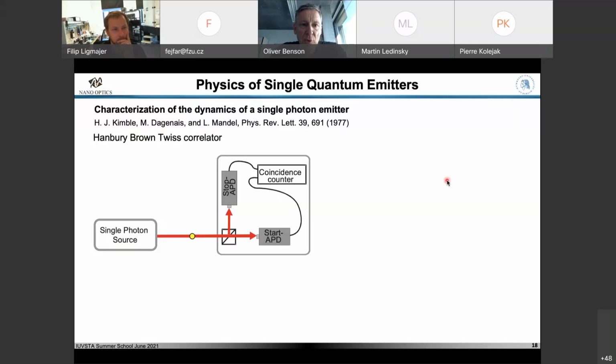And the first experiment that you do is a so-called correlation measurement. So you measure the light that is emitted from such a single quantum emitter. And this configuration is typically a Hanbury Brown and Twiss correlator. So you make a correlation measurement on the light that is emitted from these emitters.